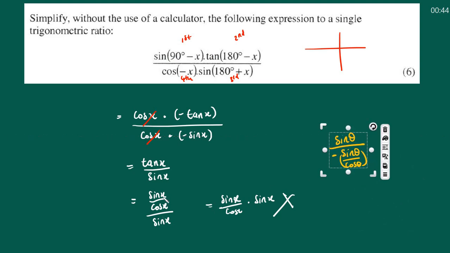Between this one and this, what is the difference? I think the difference is that for the one with the yellow color, the denominator is a fraction.